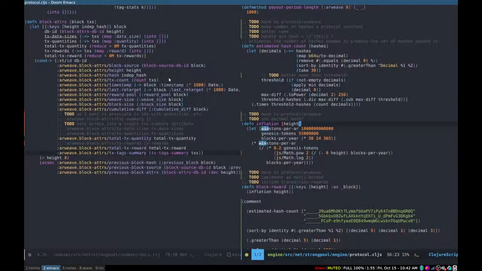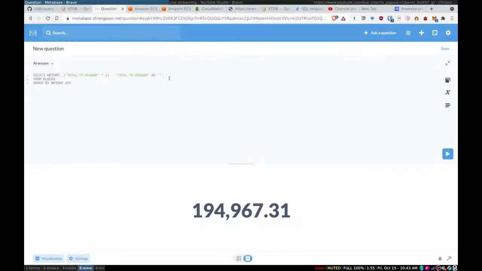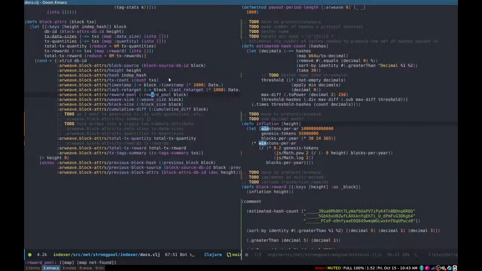I think we have that. There's a reward pool, which is the amount of the endowment over time. Again, this is paying for the future storage of the data. I could derive it from this, but I'd have to do some fancy query that takes the delta between each block, and that seems like work. But I can use this to check my calculations, which will be good.